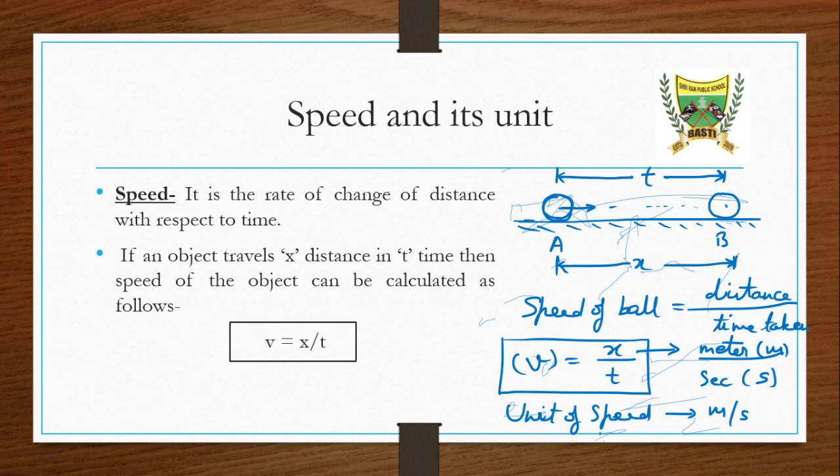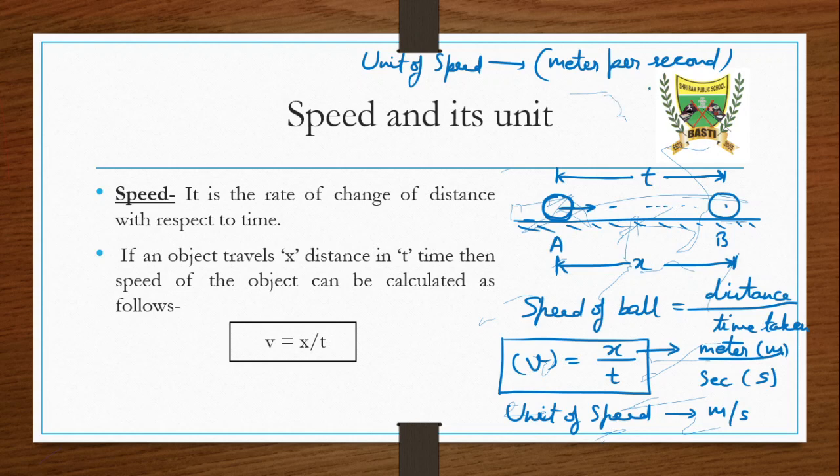It is read as meter per second. This is the unit of speed in the SI system.